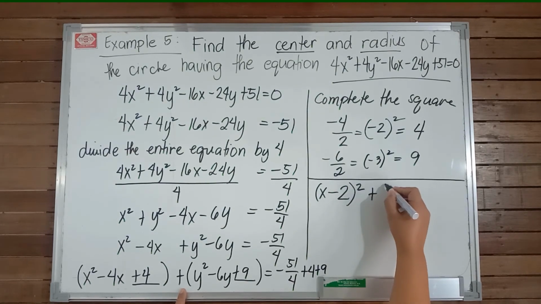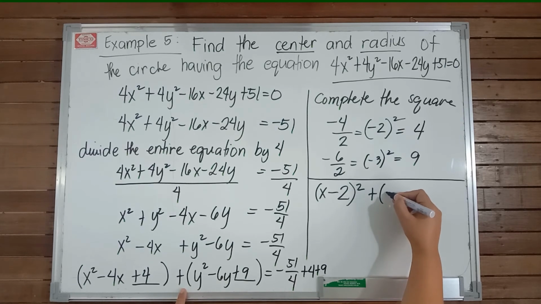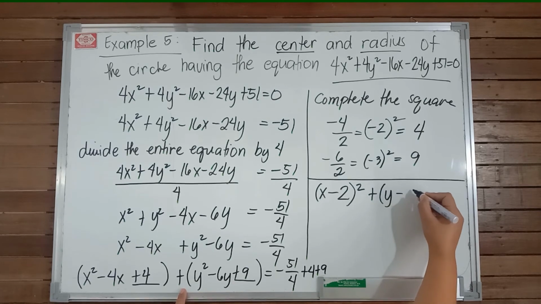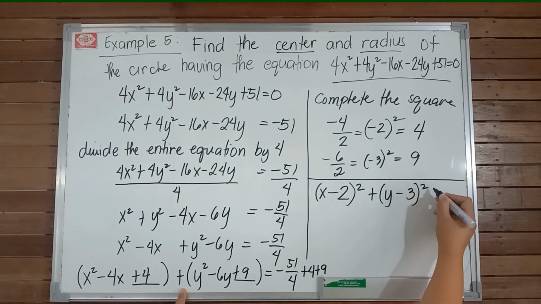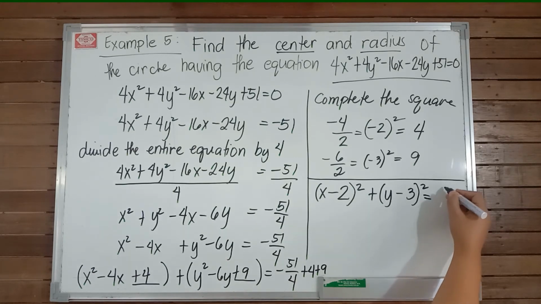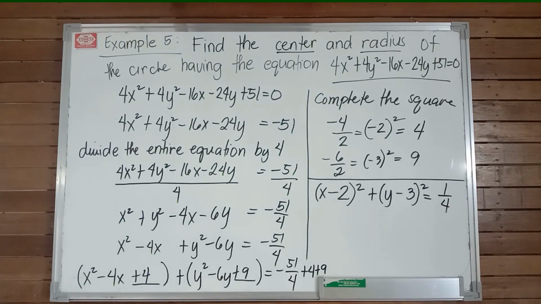Plus, same as with y, y minus 3 squared equals negative 51 over 4 plus 9 is 1/4. Pwede kayong gumamit ng calculator para ma-solve nyo yon kasi fraction si negative 51 over 4.